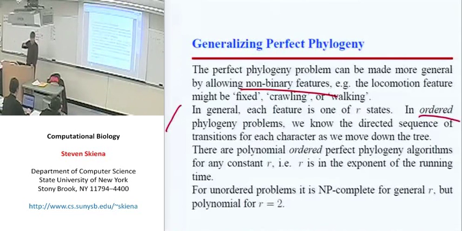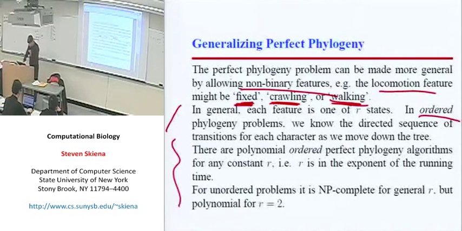In the case of a feature like locomotion, a tree is fixed, a snake is crawling, a lizard is crawling, and we are walking, right? If you had to have evolved crawling before you evolved walking, then we would say that the trait is an ordered trait. And the algorithms differ depending upon whether the traits are ordered or not. Bottom line, there are issues here, and most of the variants that become interesting rapidly become hard. That, I guess, is the basic question about it. Any questions about that?